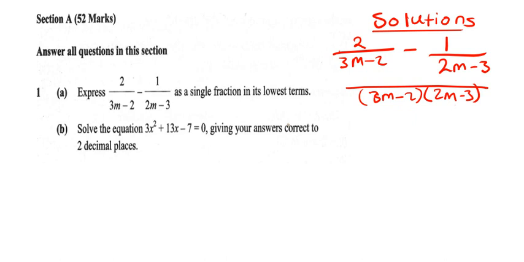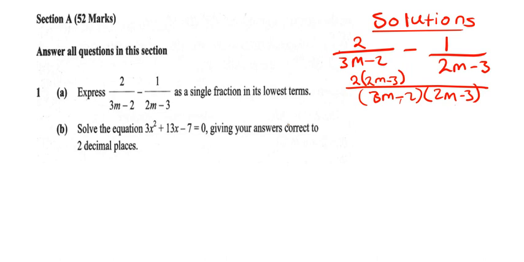Now if you have that, you multiply it by what? By 2. So the multiplication will be 2 open bracket 2m minus 3 close bracket. Now also this part, do not rush to write the negative here. First thing which you need to do, you divide the denominator into this, and whatever you're going to remain with, you multiply with the numerator.